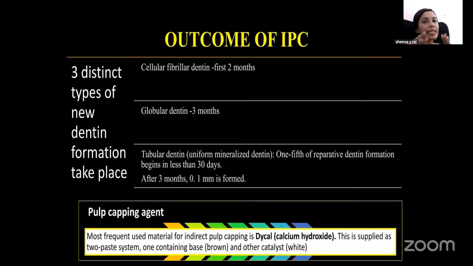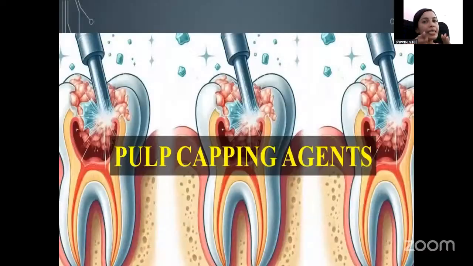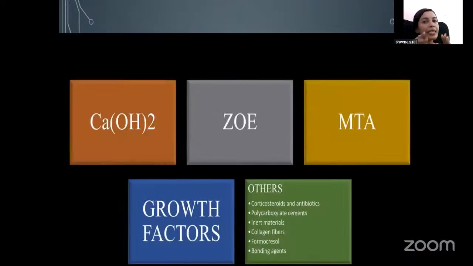Talking about pulp capping agents, we know that first of all there is calcium hydroxide. Again, another question might be: which of the following is not a pulp capping agent that is actually used? So you need to know which are the commonly used pulp capping agents.